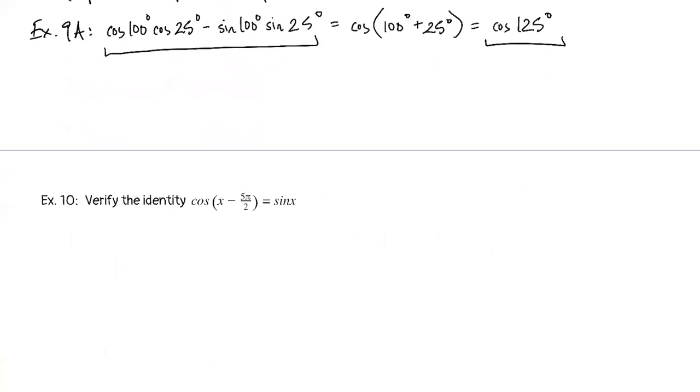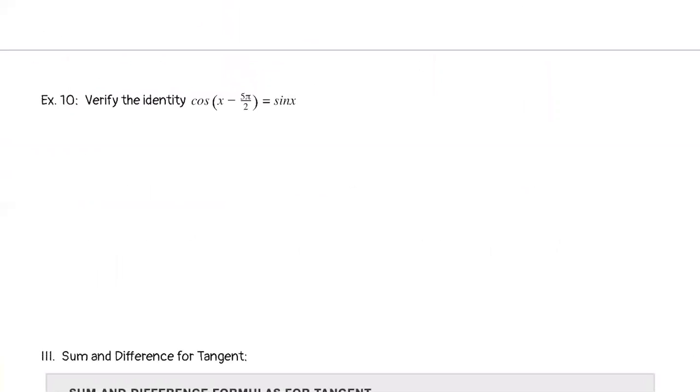Okay, now let's take a look at example 10. So verify this identity, right? We can use all of these for actual angles, but we can also use them to prove that something like cosine of x minus 5 pi over 2 is actually equal to just a regular old sine x, okay? If we think about our list of identities that we looked at earlier, it's already sine and cosine, so there's nothing I really need to change about that.